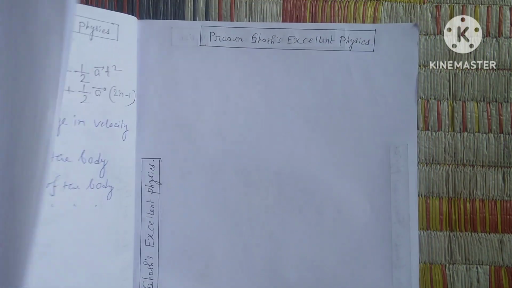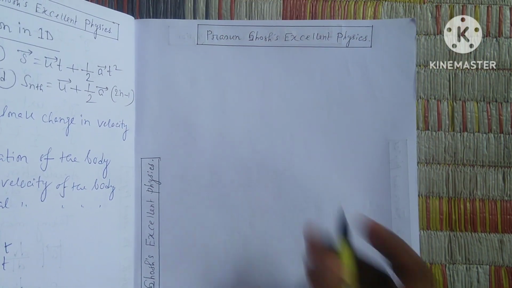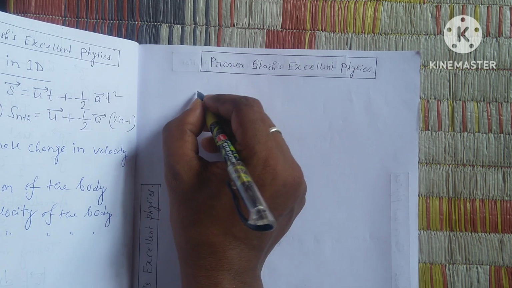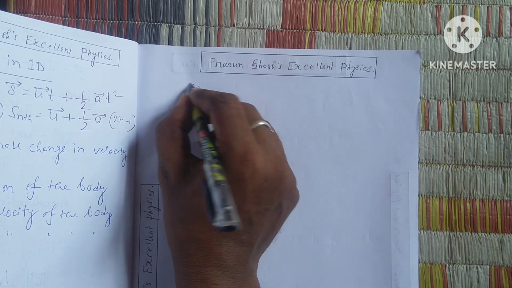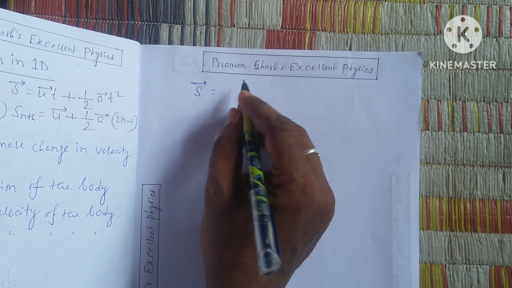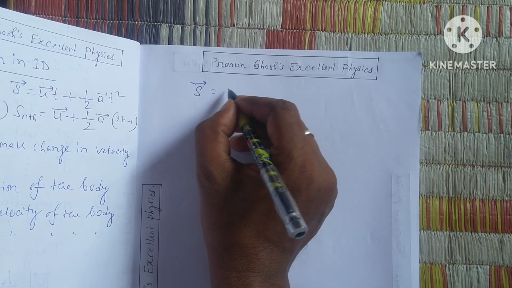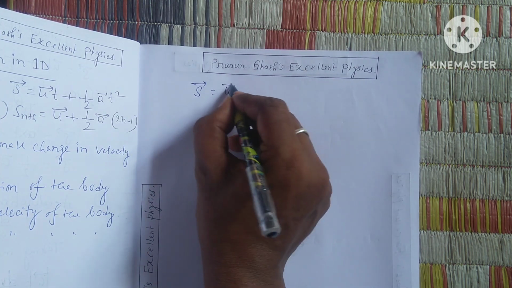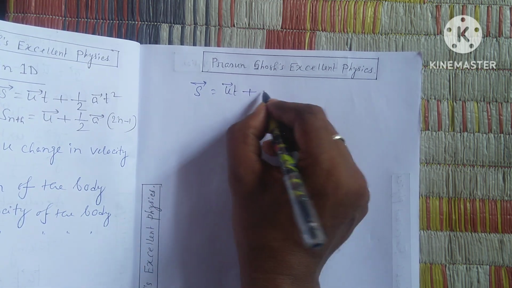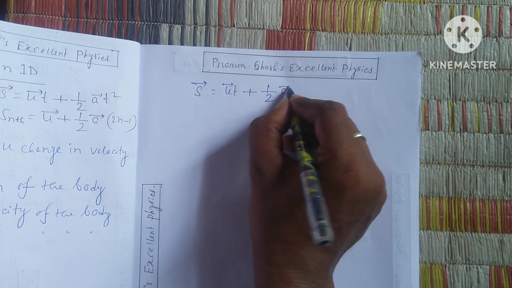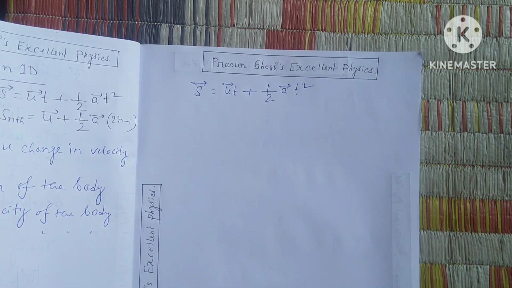So integrating, we get s equals ut plus half at square.